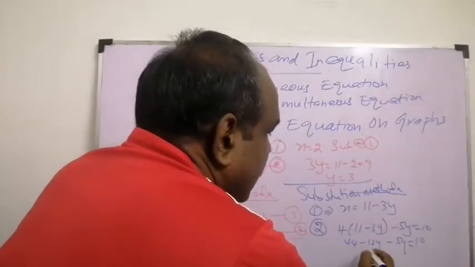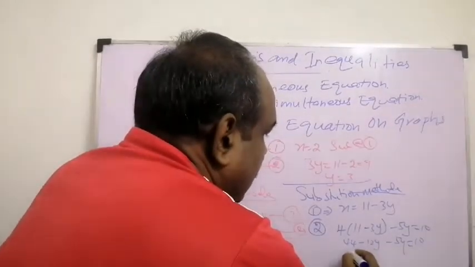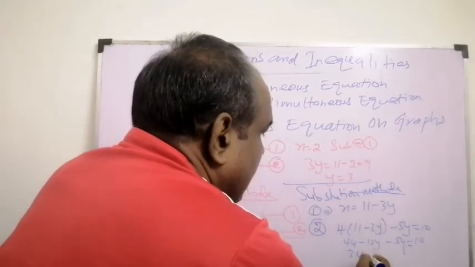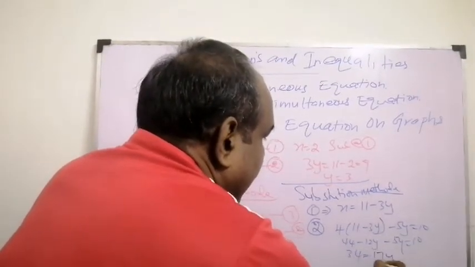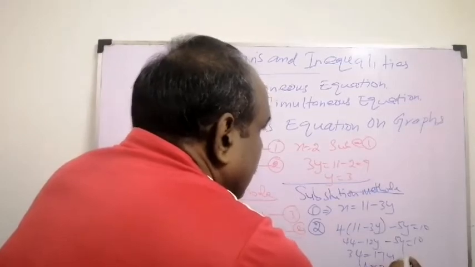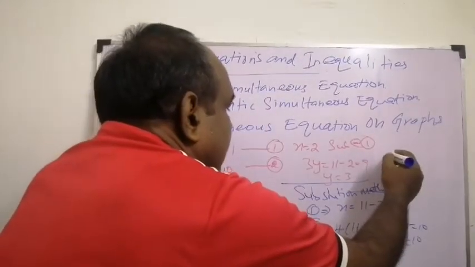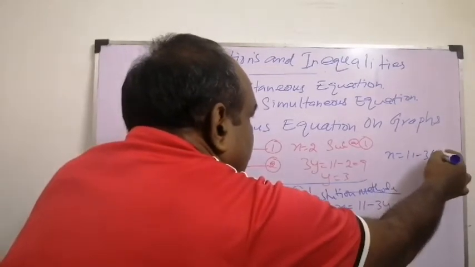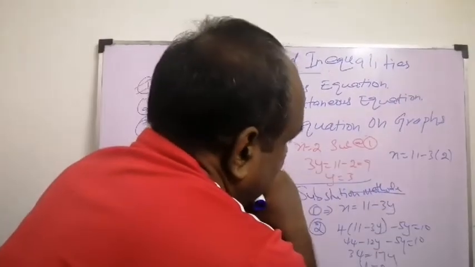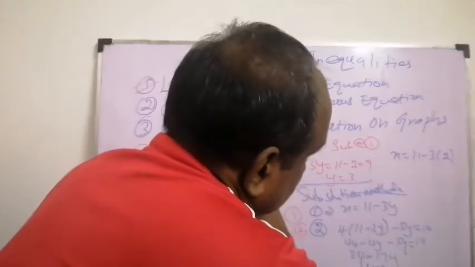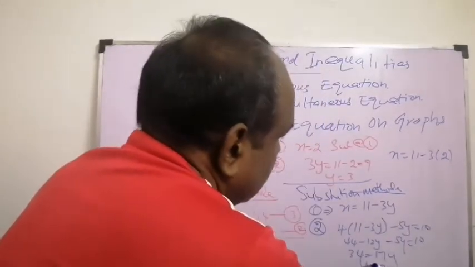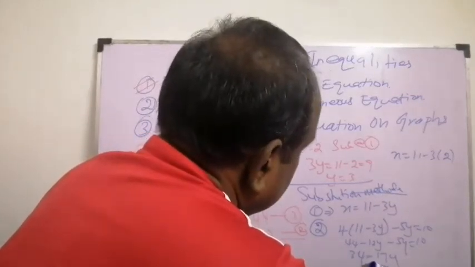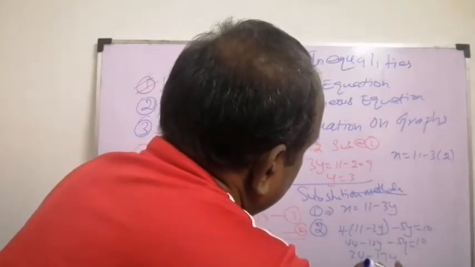So 44 minus 10 is 34, equal to 17y. So y is equal to 2. Then we know x is equal to 11 minus 3 into 2.